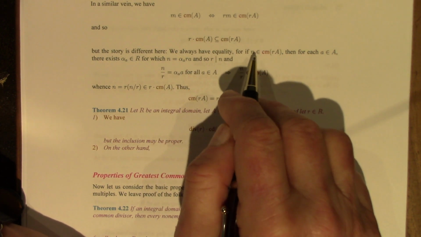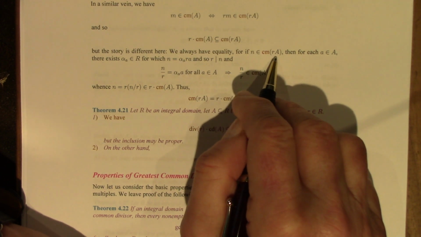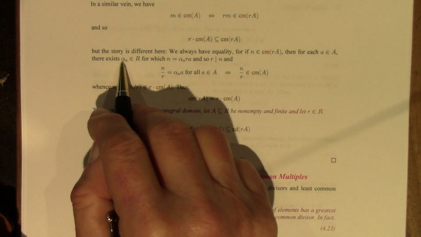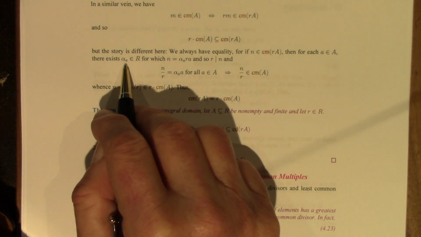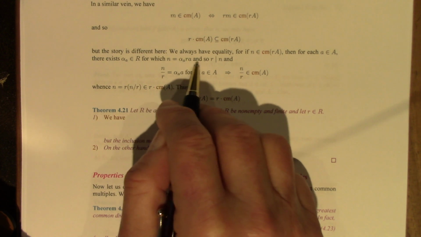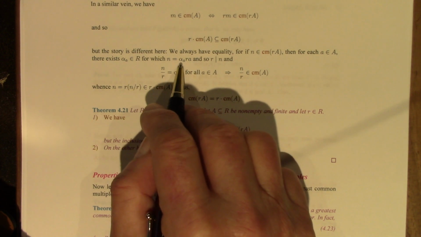But otherwise, if n is a common multiple of rA, then for each little a in A, there is an element, which I'll call alpha sub a, because it depends on little a, for which n equals alpha sub a times r a. n is a multiple of ra.